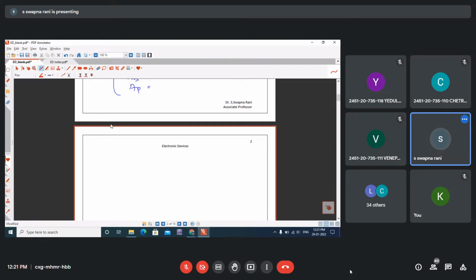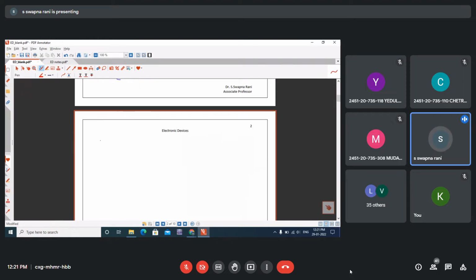Remember, there is no generalized analysis, no generalized expressions using the approximate model.